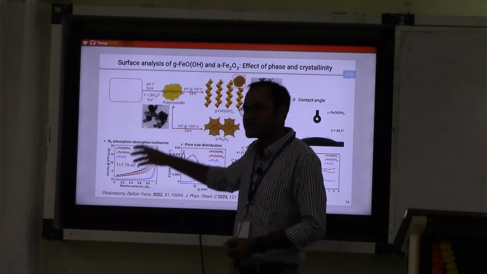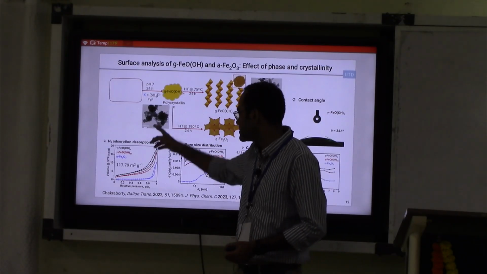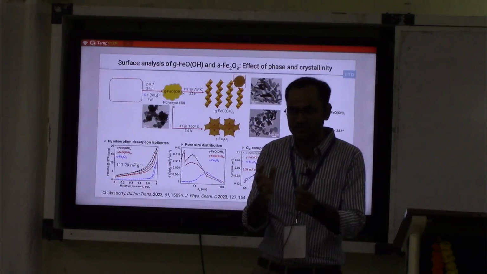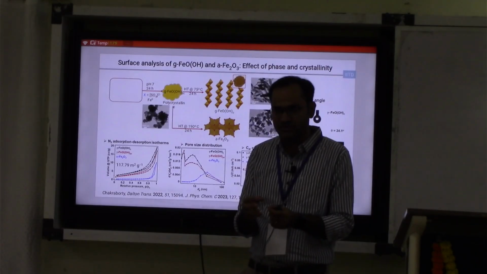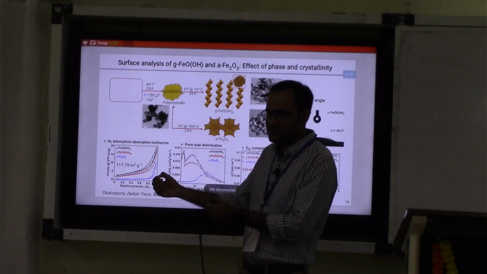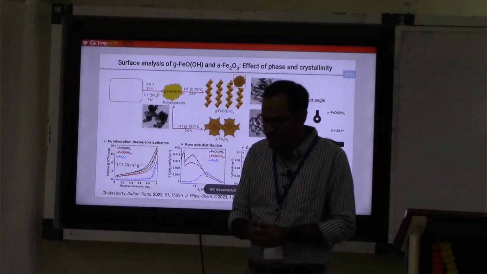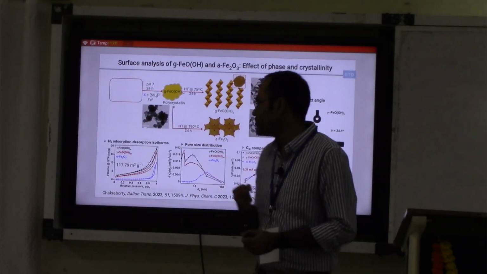If you put it under the microscope, you will find they do not have a definite surface boundary, and they are commonly called amorphous, or sometimes if they have some partial crystallinity, they can be called polycrystalline gamma FeOOH.